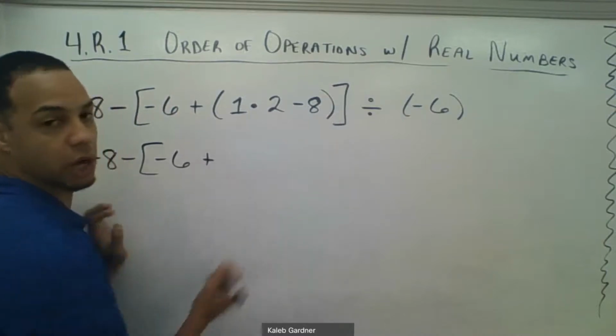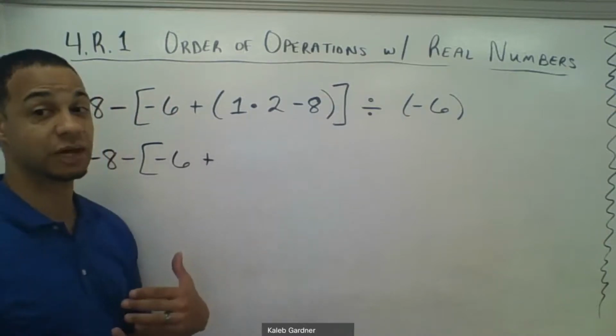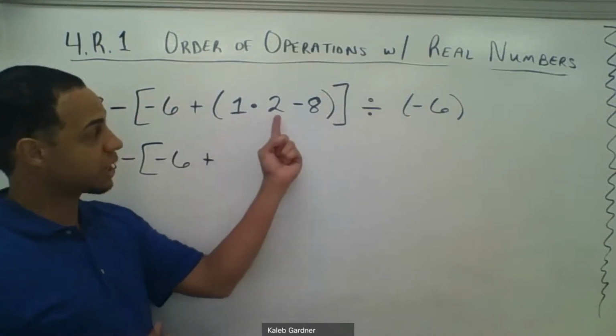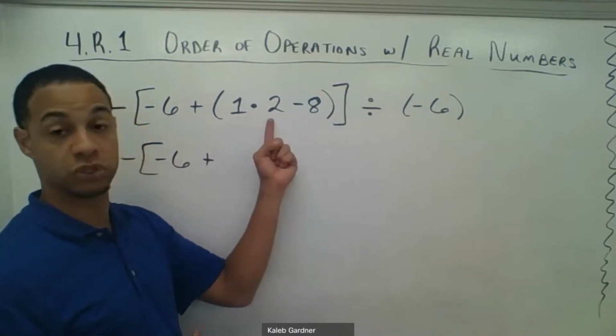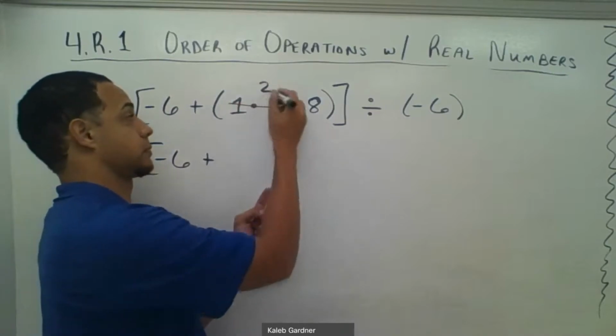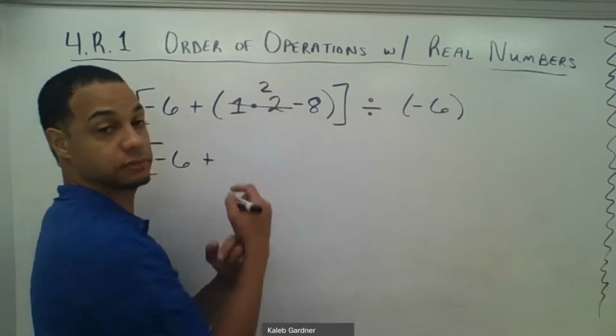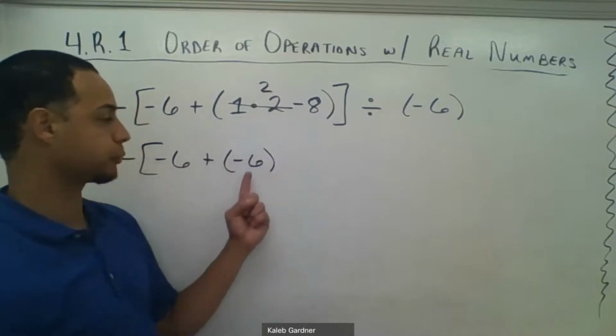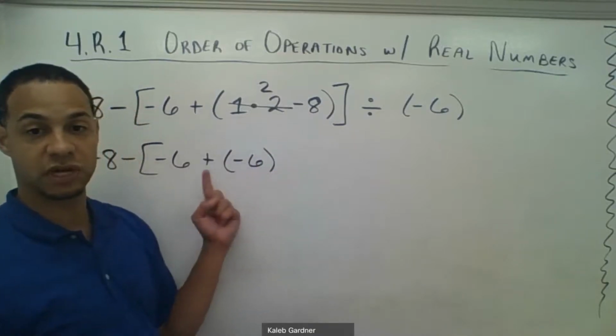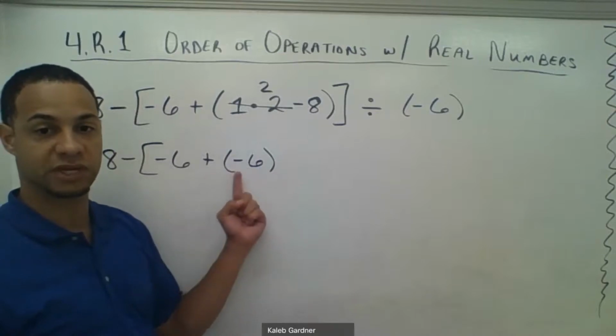Well, I'm going to skip a step, but I'm going to say it out loud instead of writing it. 1 times 2 minus 8, we multiply, then subtract. 1 times 2 is 2, and 2 minus 8 is negative 6. Now, I kept the parentheses around the negative 6 just so that my plus and my minus sign would be distinguishable.